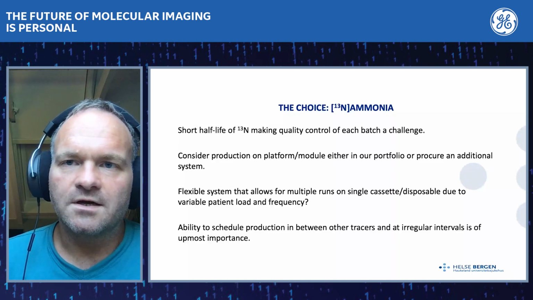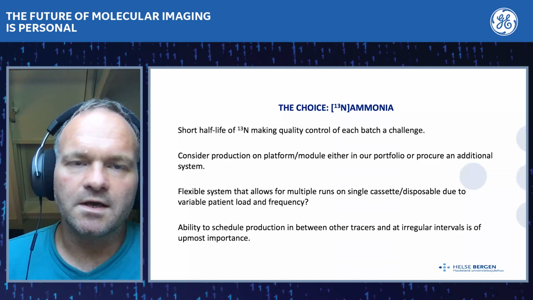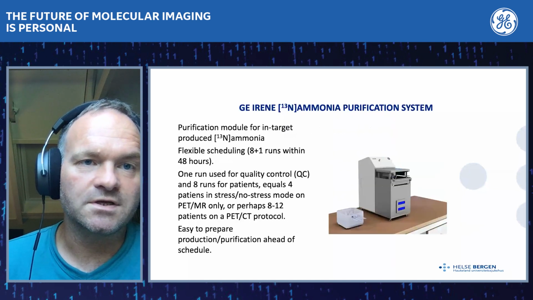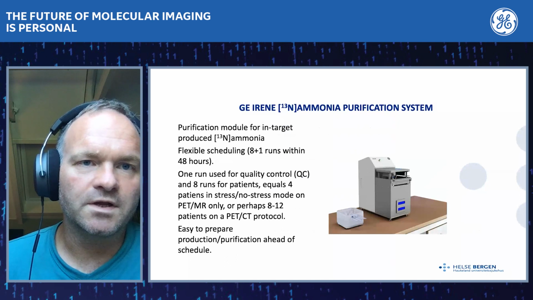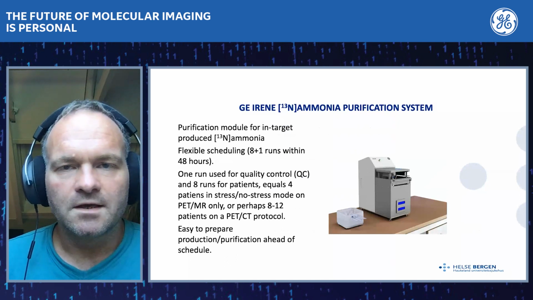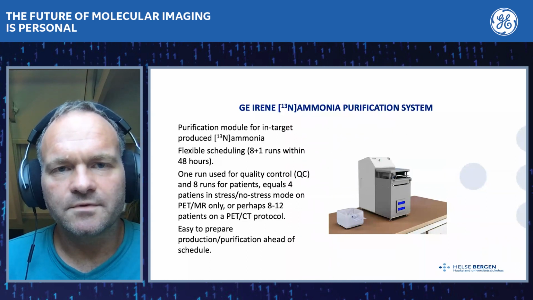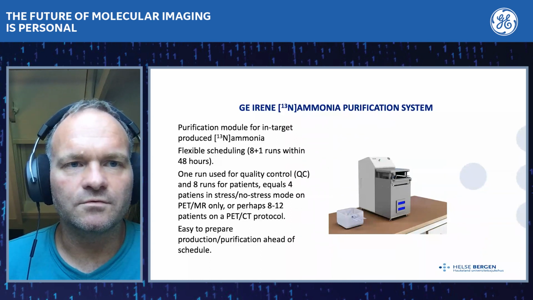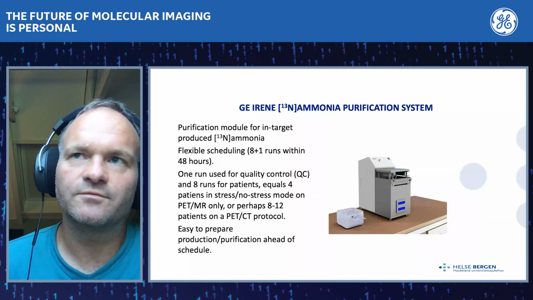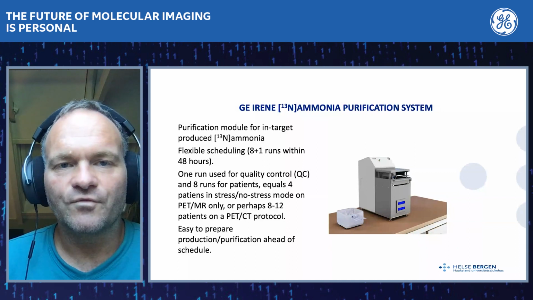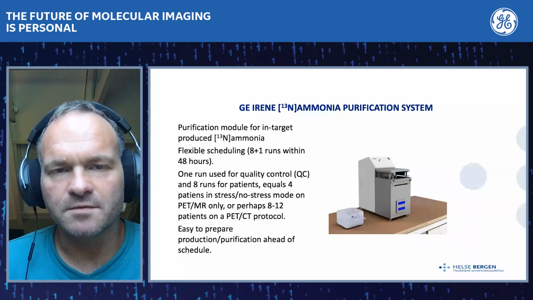So based on those requirements or needs, we got into a discussion with GE Healthcare regarding a new system, which is the EANM ammonia purification system, which is a flexible purification module that can do 9 runs or 8 runs for patients, for purifying in-target produced ammonia.